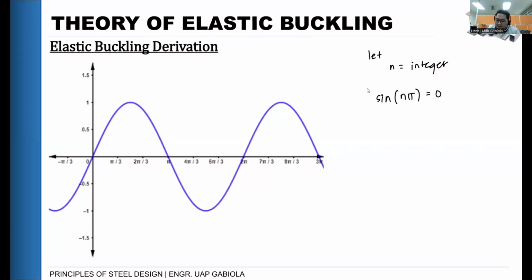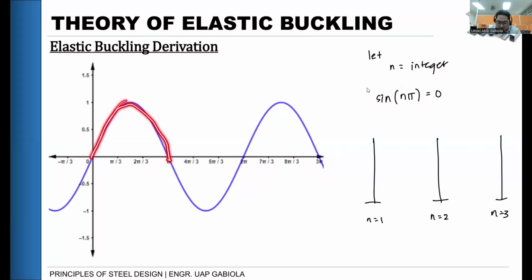So, kung halimbawa, let's say we have 3 different columns, n is equals to 1, n equals to 2, and n equals to 3. Pag n equals to 1, ibig sabihin sin pi lang yun. Ibig sabihin, ito yung magiging itsura ng behavior ng column natin, yung kanyang buckled shape. So, ito yung first condition niya, yung first behavior niya.